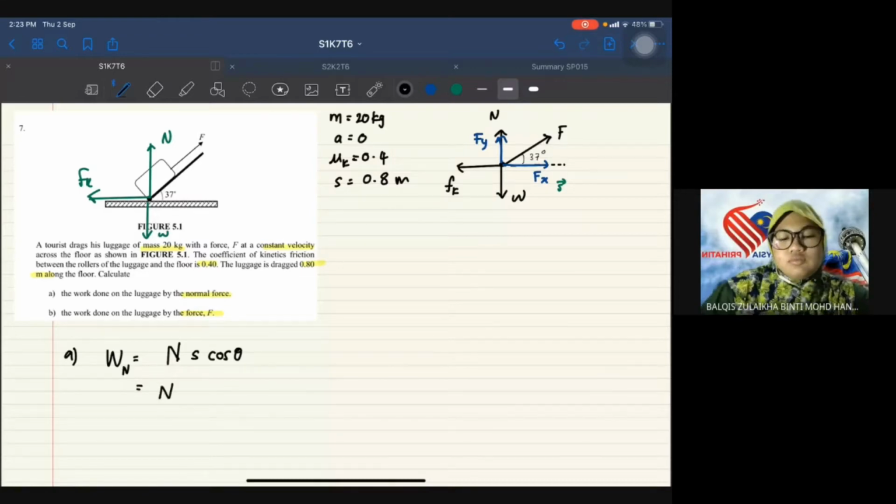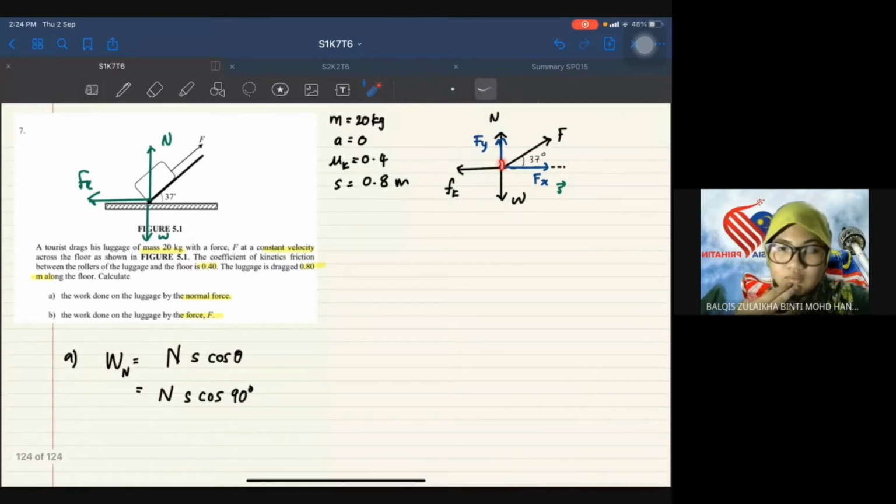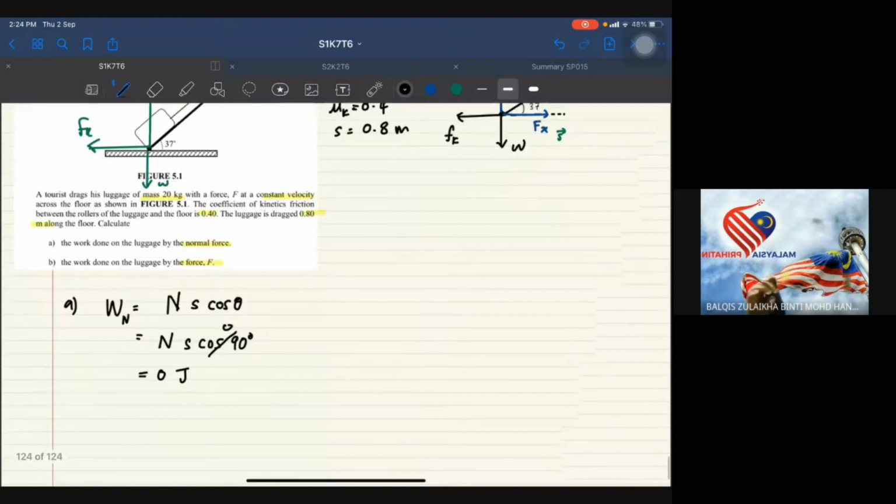For those who couldn't see, N is pointing upwards and your S is in this direction. It moves to the right. So the angle between N and S is 90 degrees. When you press your calculator, cos 90 is equal to 0. Okay, very good. So the answer will be 0 joule. That's question A.